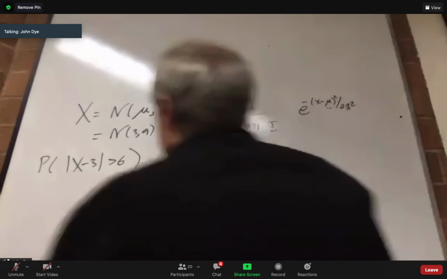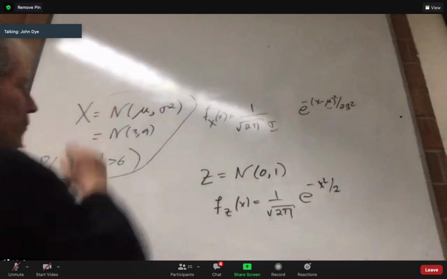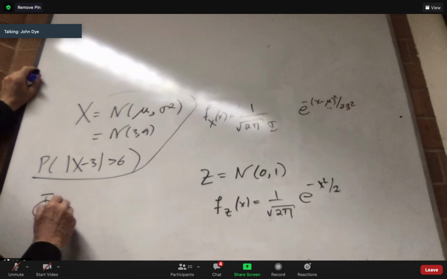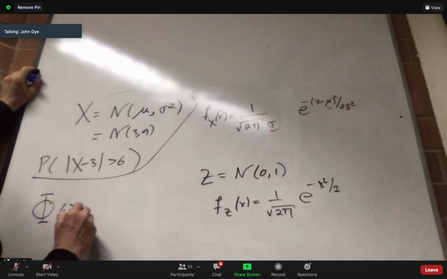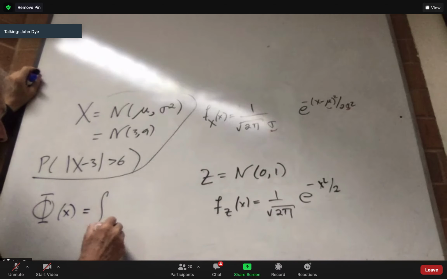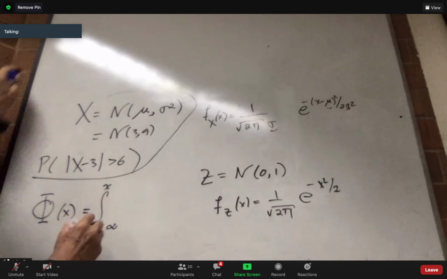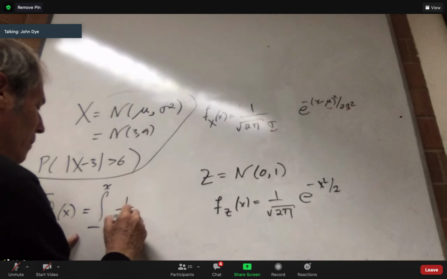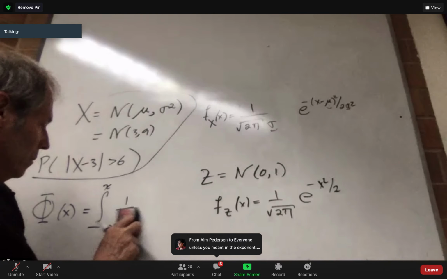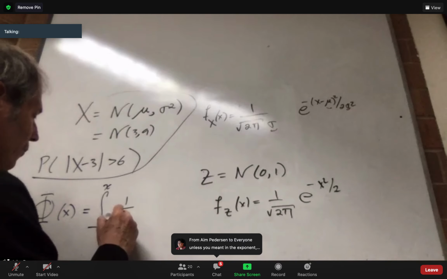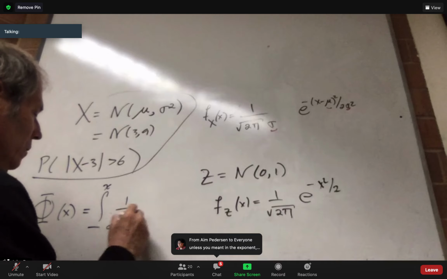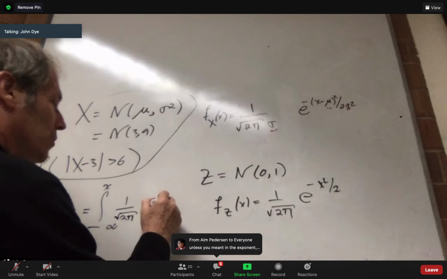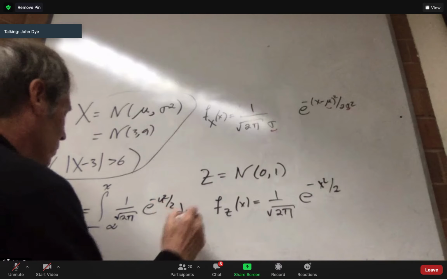Let's put this on hold for a second. So when you do the CDF, what is phi of x? Okay, this is a CDF. You go from minus infinity to x, of 1 over square root of 2 pi times e to the minus u squared over 2 du.